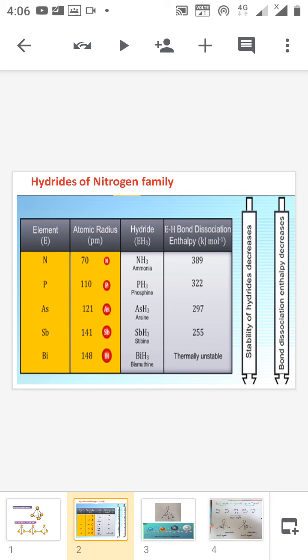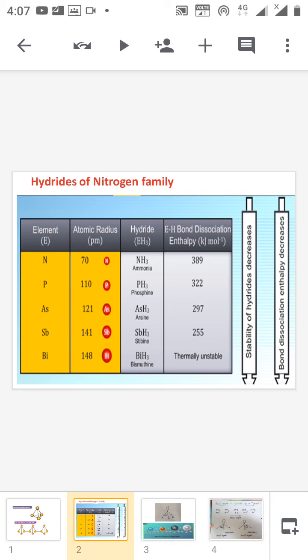So as we come down, the bond dissociation enthalpy decreases and the stability of the hydride also decreases. That's why the reducing capacity increases as we come down the group.